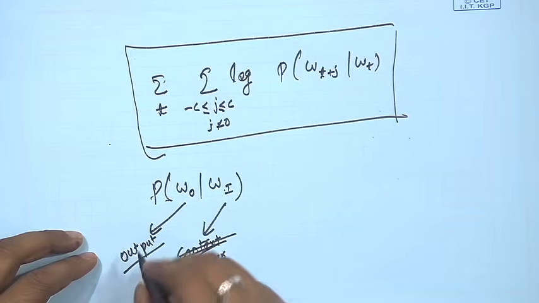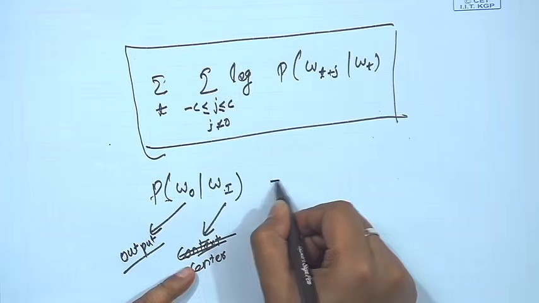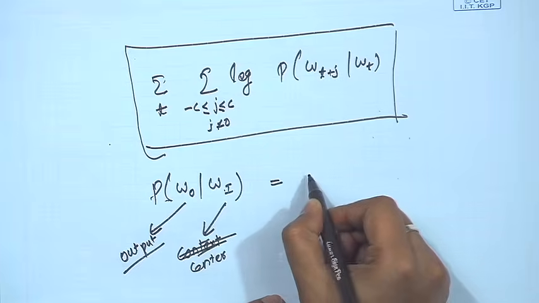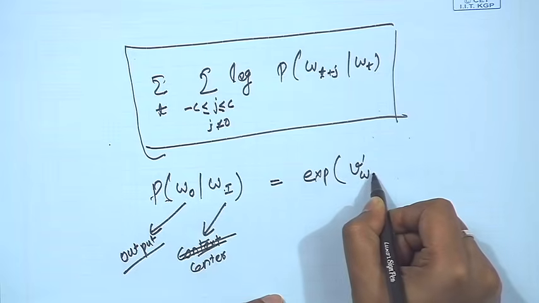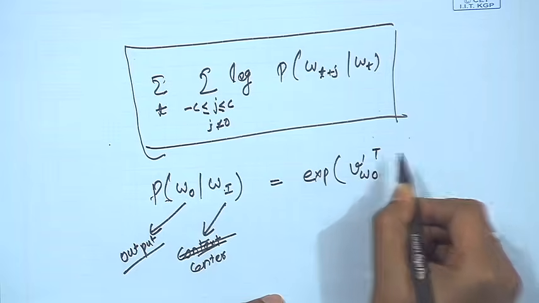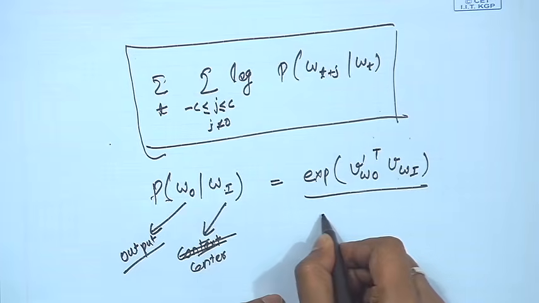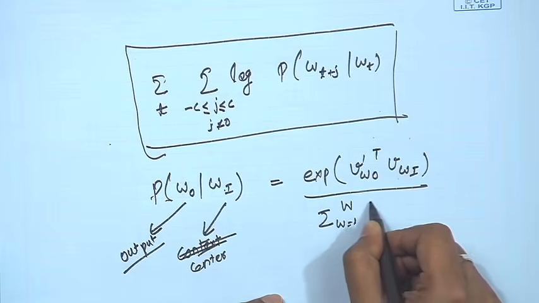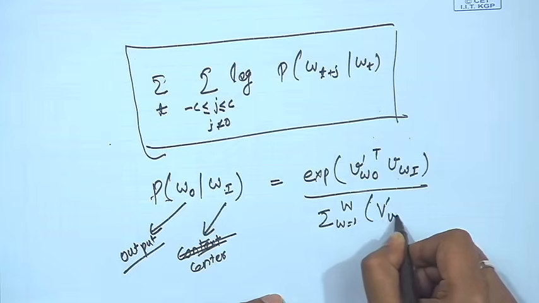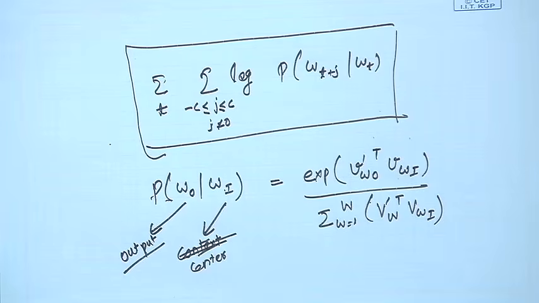These are all the context words. Okay. So for a given center word, how do we write it? And I am saying we can write it in this form, that is exponent of V prime W O transpose V W I divided by the sum over W equal to 1 to capital W of V prime W transpose V W I. Okay, and this is a formulation of this probability, and let us try to understand that.